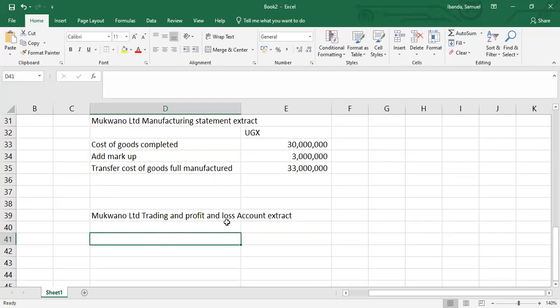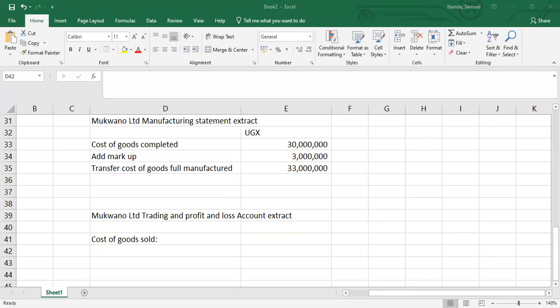We start with sales, but we don't have sales. Here we're just doing an extract. So I'll just start with the cost of goods sold, because after sales, you subtract the cost of goods sold. So that is what I'm going to start with.